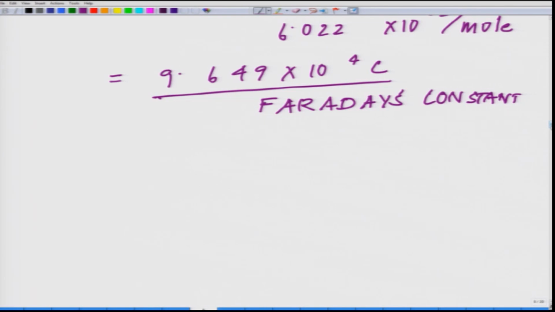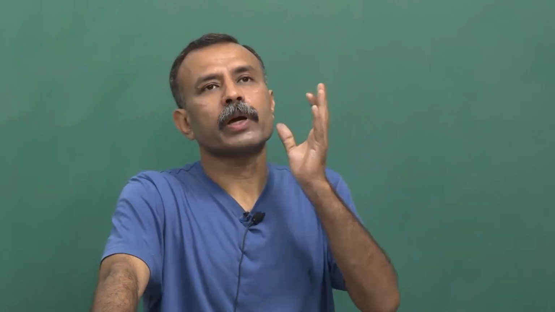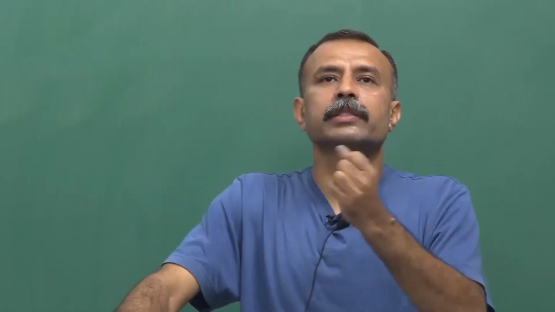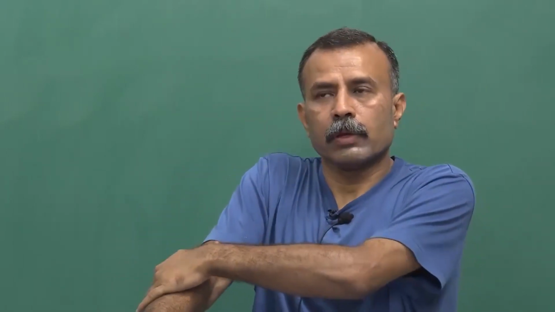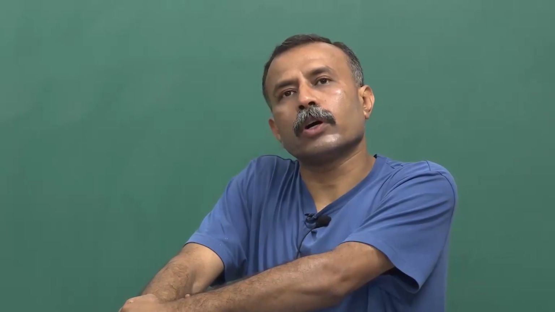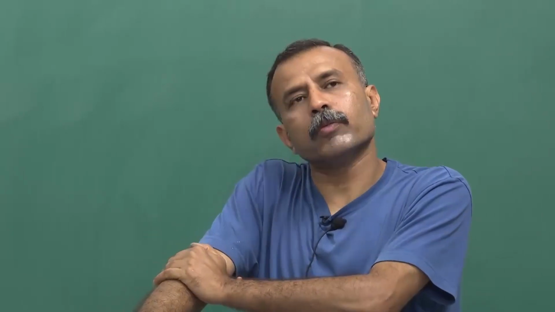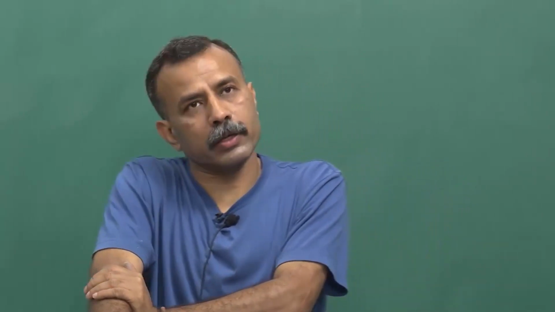You really cannot measure such a small charge on a single electron, so the way we do it is to consider how much is the charge in 1 mole. In 1 mole there should be Avogadro's number of particles.